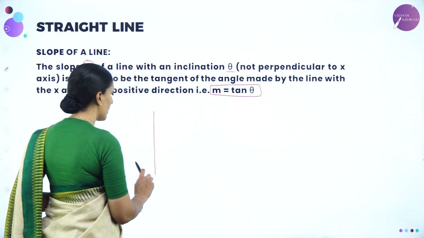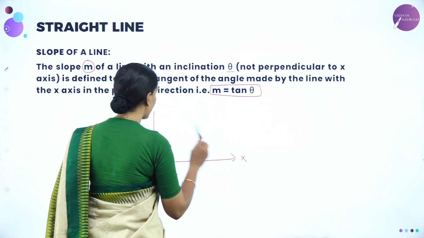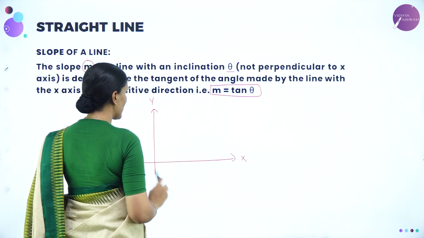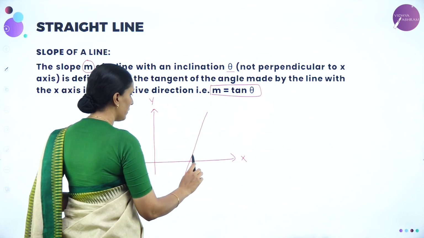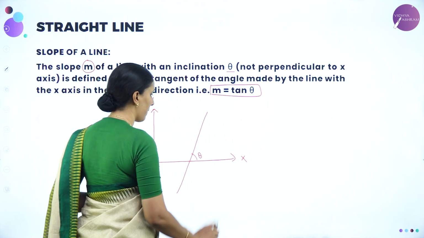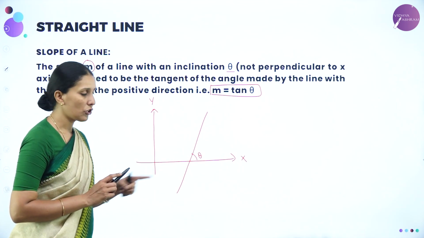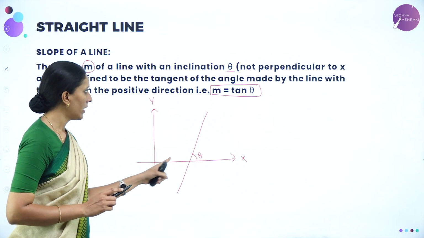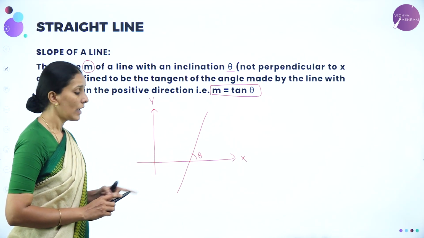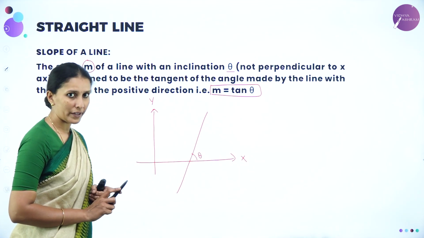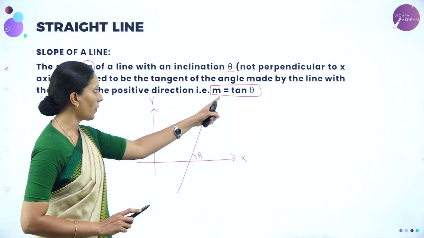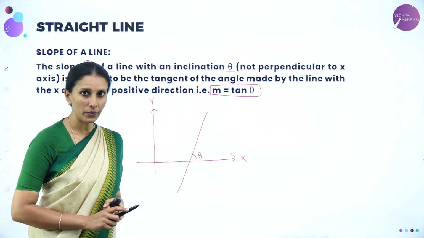Now suppose this is your x-axis and this is your y-axis. We have a straight line which makes an angle theta here. If we know the inclination of the straight line which intersects the positive direction of the x-axis, then the slope of the line is given by m is equal to tan theta.